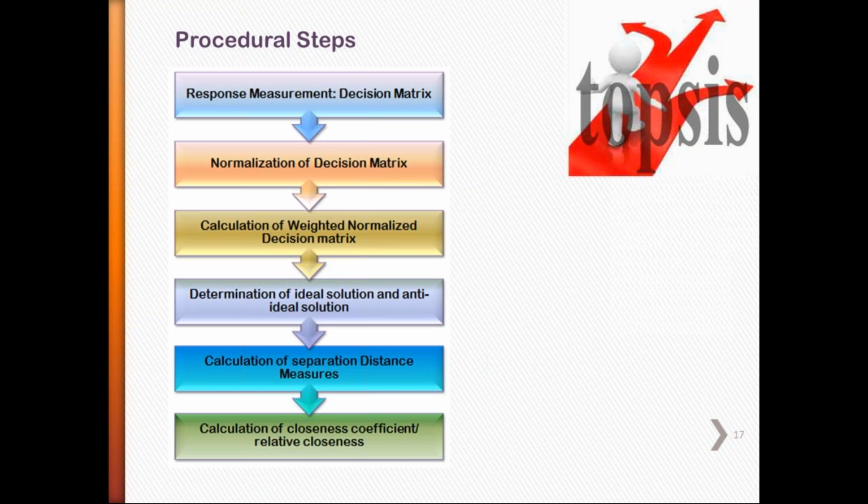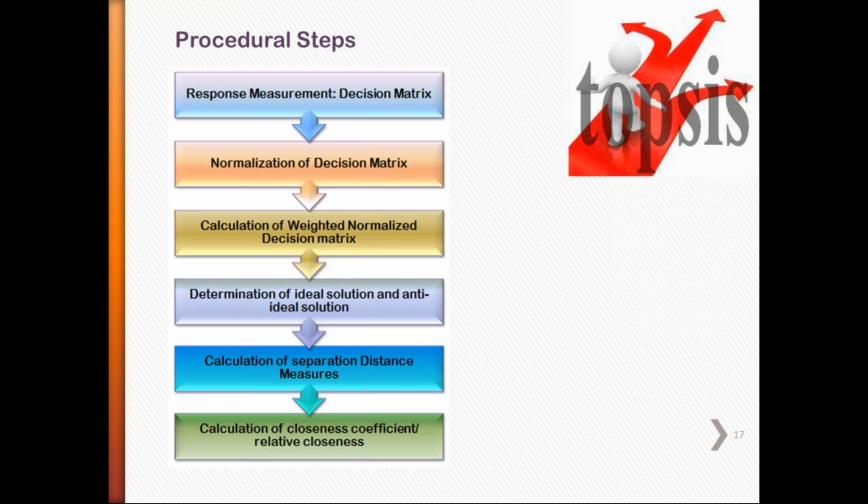Then comes normalization of the decision matrix, because our aim is to aggregate multi-criteria decision making data. But this aggregation encounters three challenges. One is that different criteria correspond to different units. Second is that there may be criteria conflict.